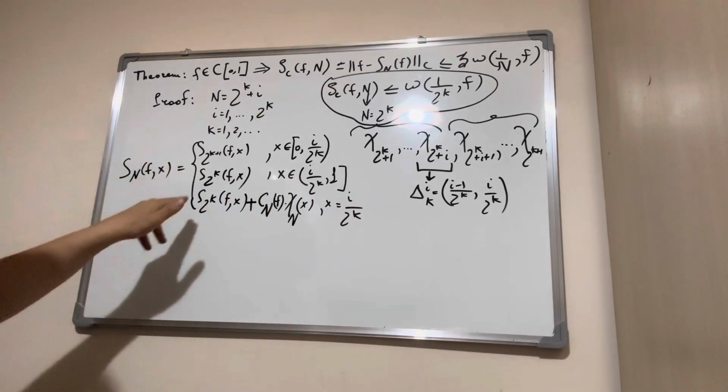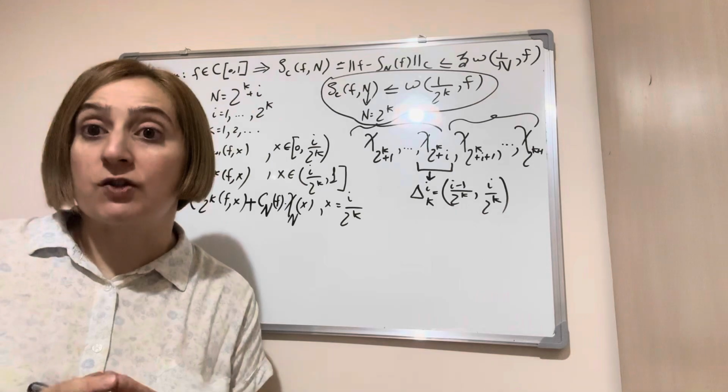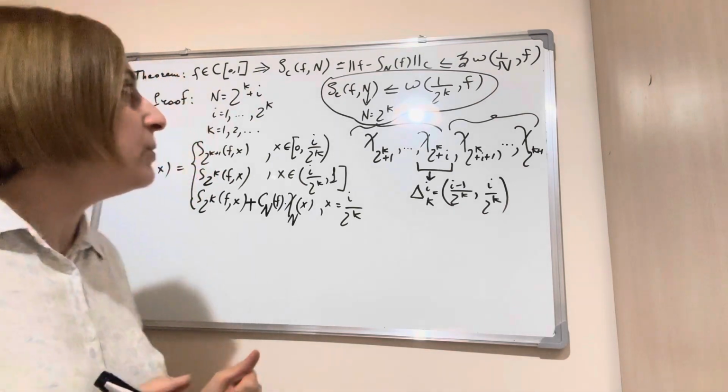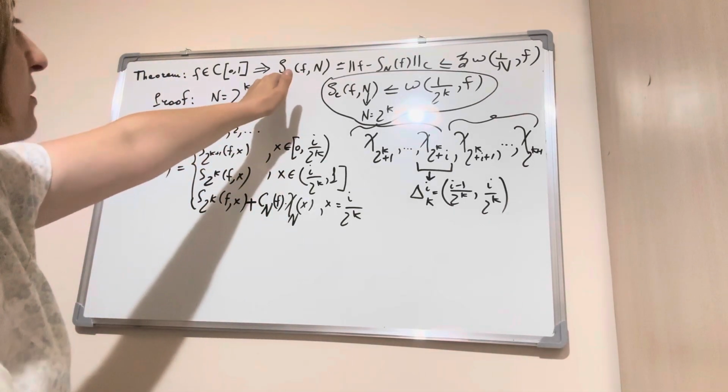Now, when we have the expression for the nth partial sum, we can turn to our estimate.